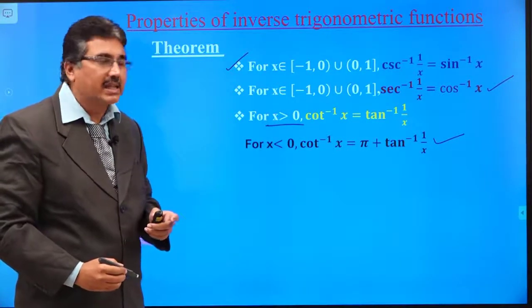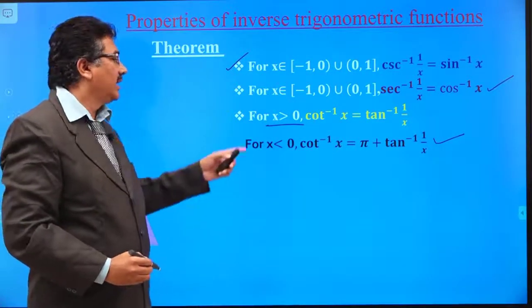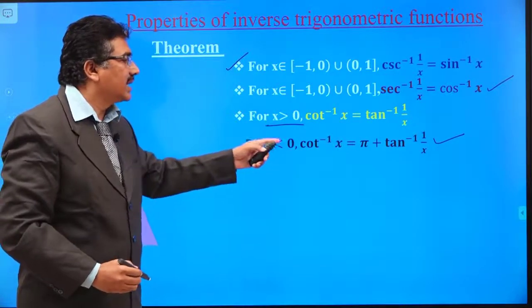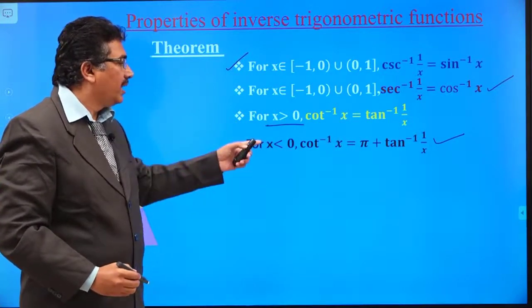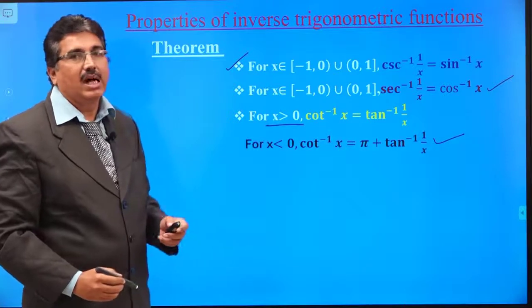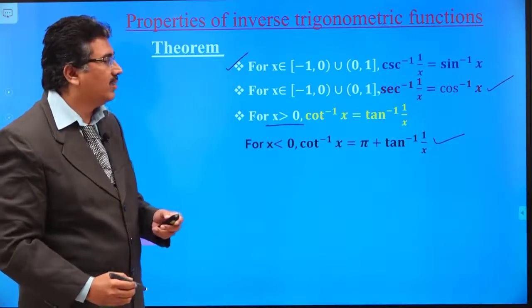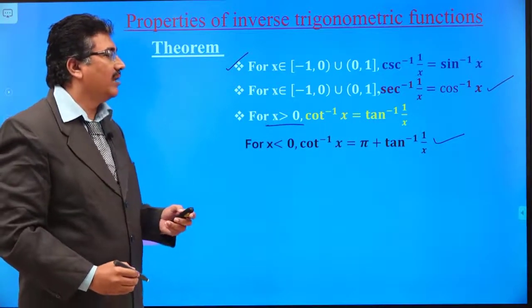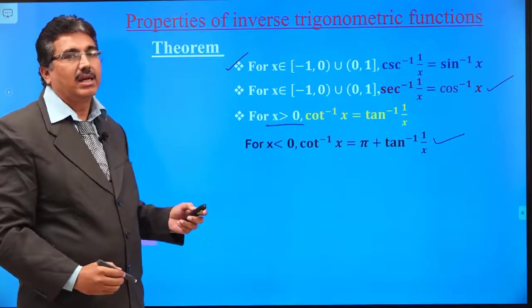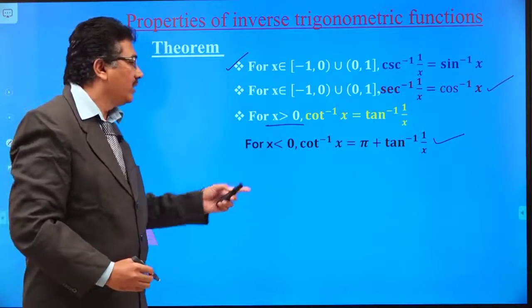For x greater than 0 is one case, the second case is x less than 0. If x is less than 0, cot inverse x is equal to pi plus tan inverse 1 by x. How to prove this?